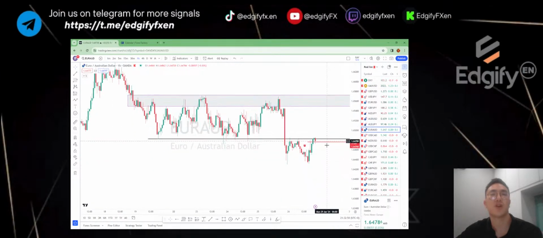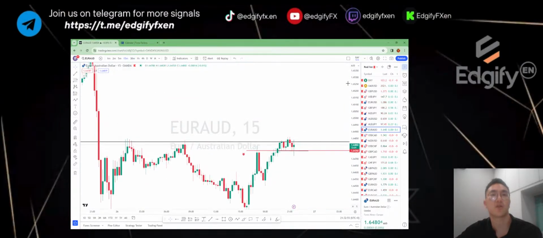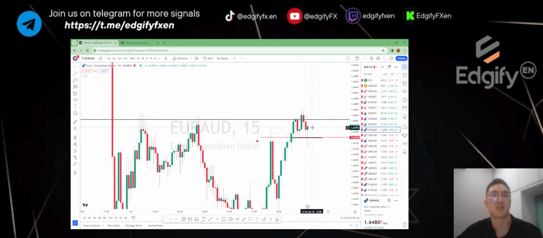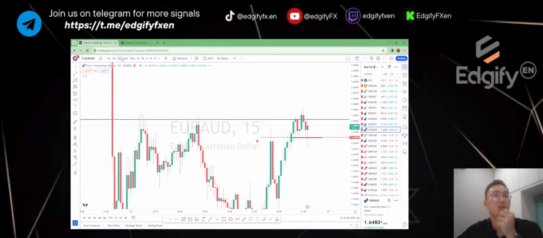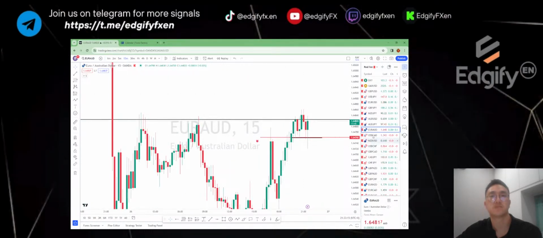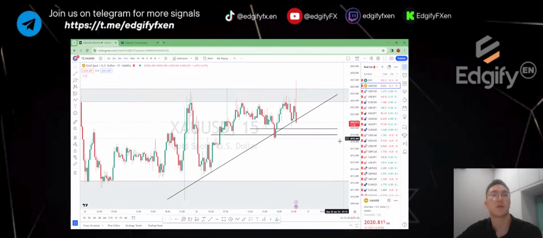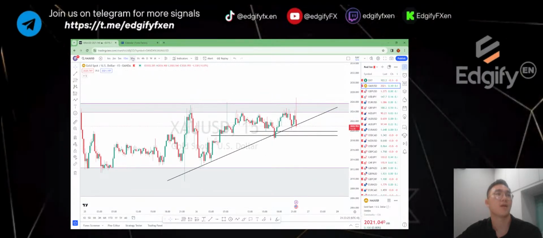Okay. Yeah, so Euro AUD it's still not closing below yet. Because on the 15-minute it did not close below. When it opened a new candle, it actually took out all these lows but shot back up. So this is going to be a waiting one for us. Because even on the 5-minute it did not take out the lows. The candle still closed above. Okay, gold is trying to break.